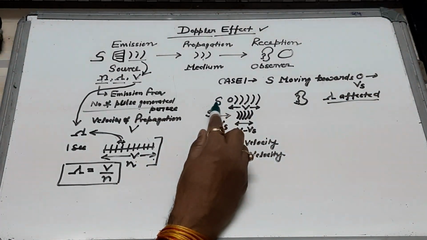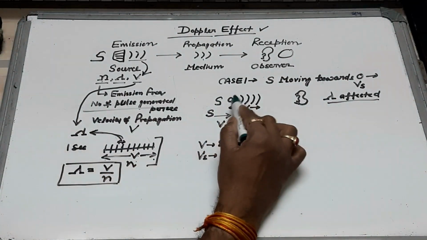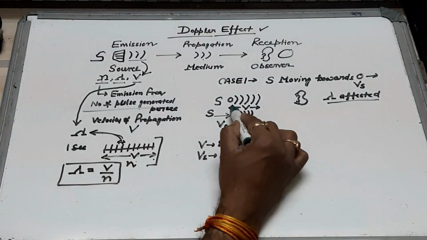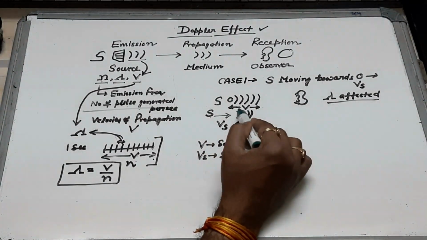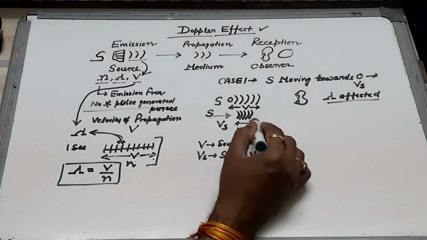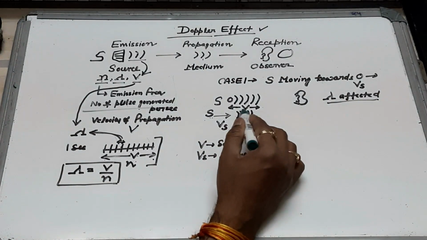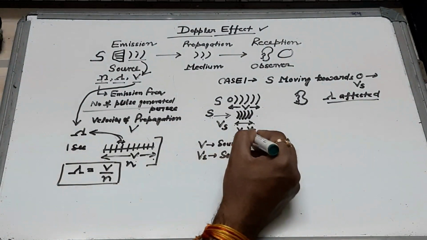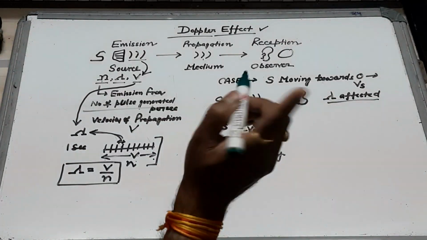If the source is stationary, I have already told, n pulses will spread over a length of v. But if the source is also going forward towards the observer, in that case, the length available for spreading of n pulses emitted by the source will be v minus vs, not v. Meaning the length will be reduced.